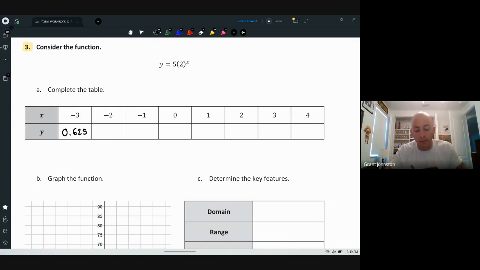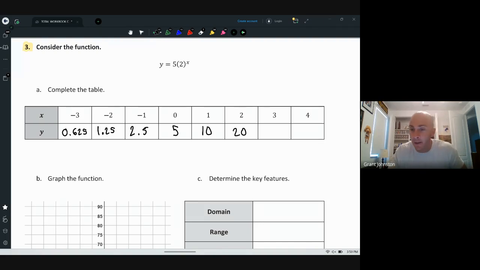Okay, let me do -2 now. 2 to the power of -2 is 0.25 times 5, 1.25. Let's do -1. 2 to the power of -1 is 0.5 times 5 is 2.5. 2 to the power of 0 is 1. 5 times 1 is 5. 2 to the first power is just 2. 5 times 2 is 10. 2 to the power of 2 is 4. 5 times 4 is 20.